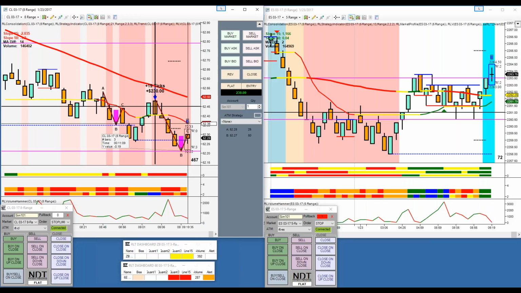Right now, we just don't have any trade. The C candle on crude is a little too risky, going right into the value area low.